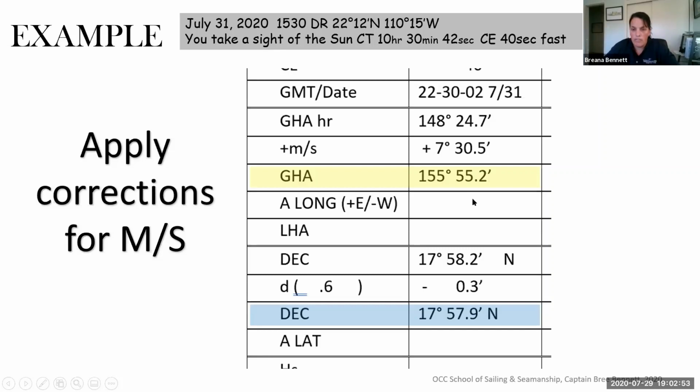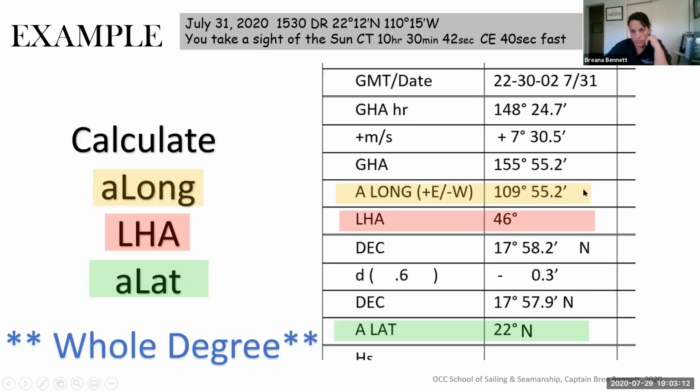So I'm putting in 55.2 minutes, and then I have to decide what is the degree on my assumed longitude. Is it 109? Is it 110? Is it 111? Trying to see what am I closest to. So I was at 110.15.